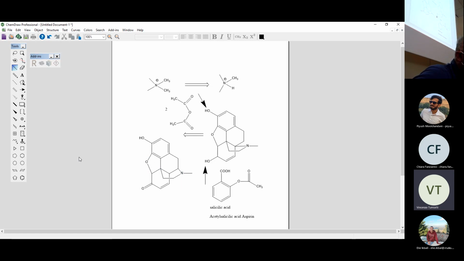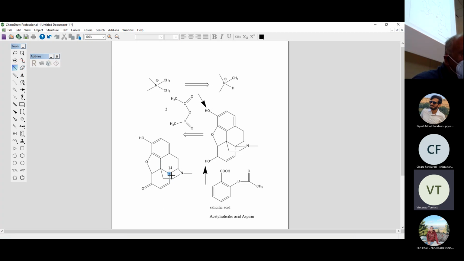At that time, they tried to introduce another OH group on carbon 14. Why? Because this OH group is able to give an additional hydrogen bond with the receptor. We'll see that it's very easy; we'll see the reaction.